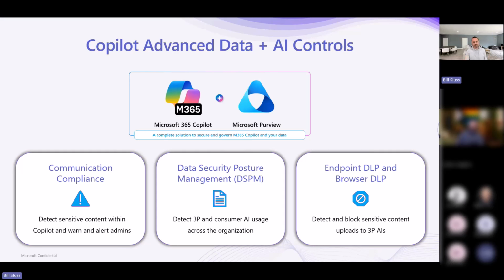So the first is communication compliance. It is a great tool in particular for younger populations. So as you think about 13 plus, communication compliance allows IT administrators to configure policies that detect sensitive information or harmful information in those users' engagement with Copilot.